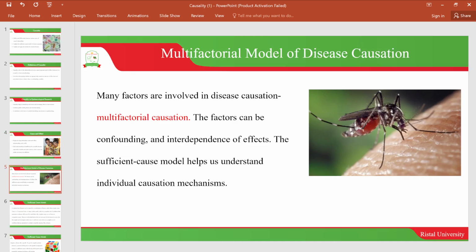So it is basically the recognition that several factors interact for a disease to happen in a population or in a particular individual. Even the mosquito bite that transmits the parasites that cause malaria, there are several factors in there. It could be susceptible host factors, whether they are exposed to these for a long time because of their nature of work.